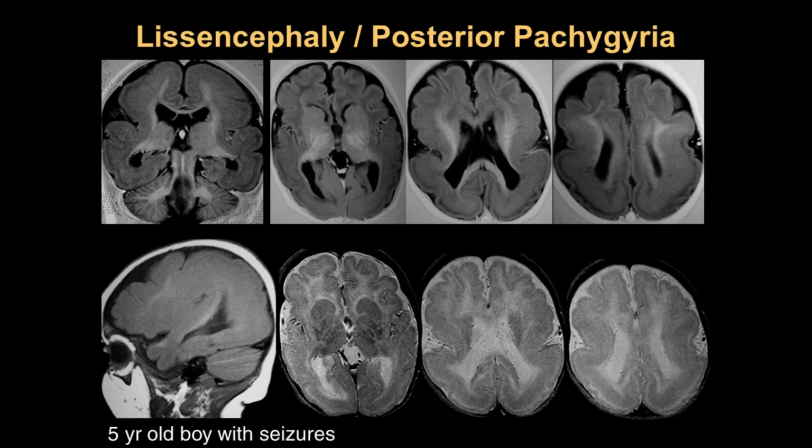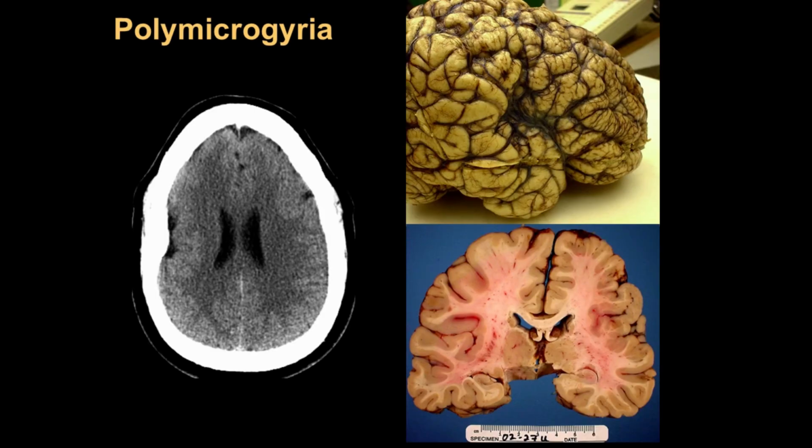We can also have areas of thick cortex, pachygyria, lissencephaly. This is particularly prevalent posteriorly. It reminds you of a premature infant type cortex. It's not sulcated properly, and these patients often also have seizures.